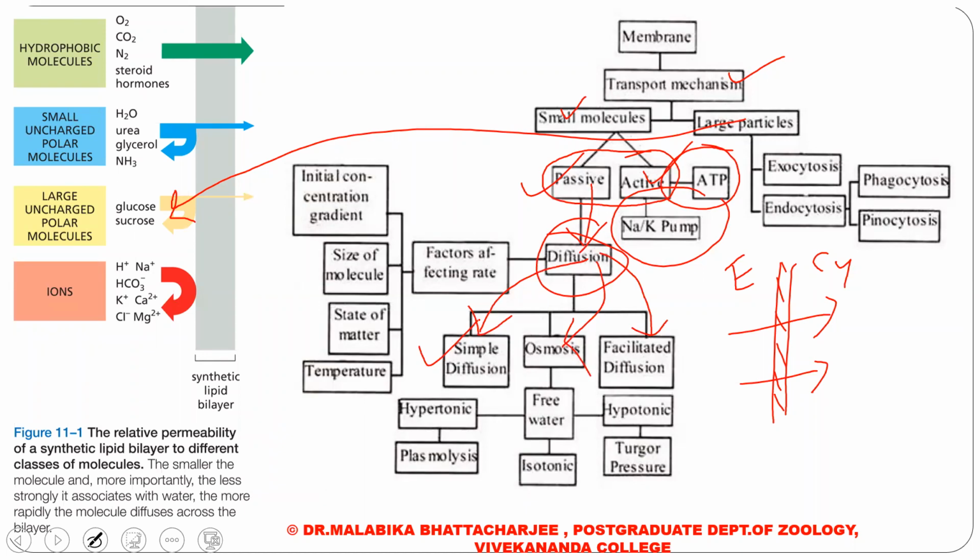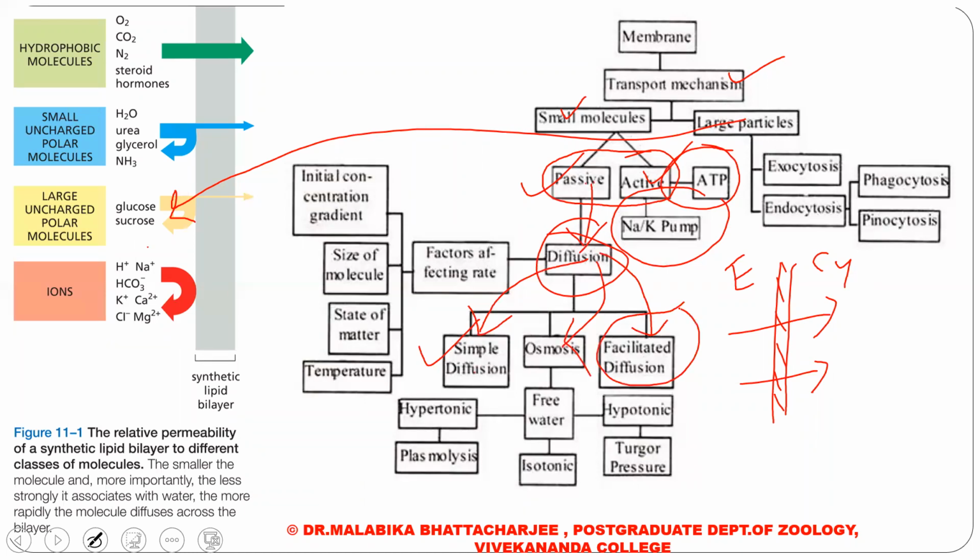And when I'm using the word diffusion, it falls under passive transport. So remember, simple diffusion is the movement of molecules from a higher concentration to a lower concentration. No help is required. But again, we are seeing the term facilitated diffusion.